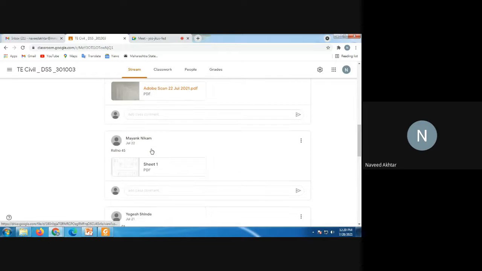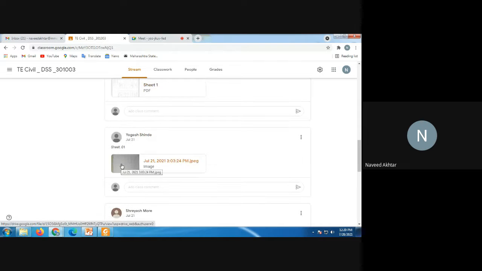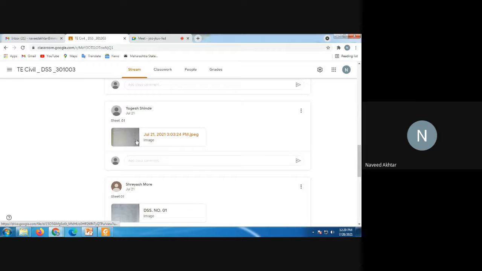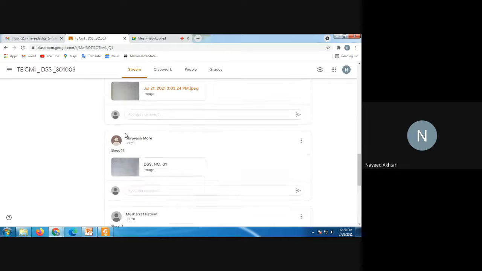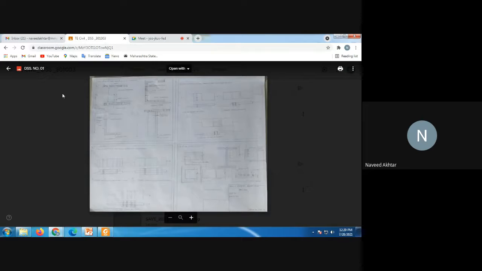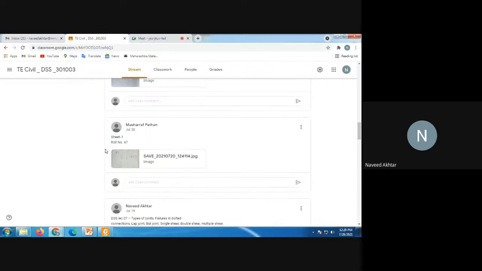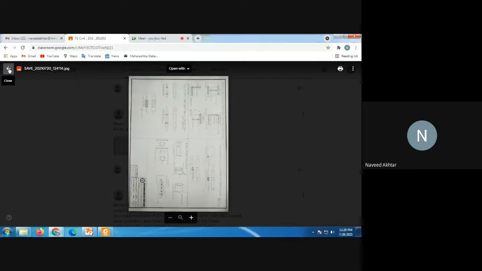Okay. Roll number 24 might become sheet number 1. Okay, Sinde is sheet number 1. But for sheet number 1, the name is not proper. Shreyas More, sheet number 1. Mr. of Patan is also on sheet number 1.